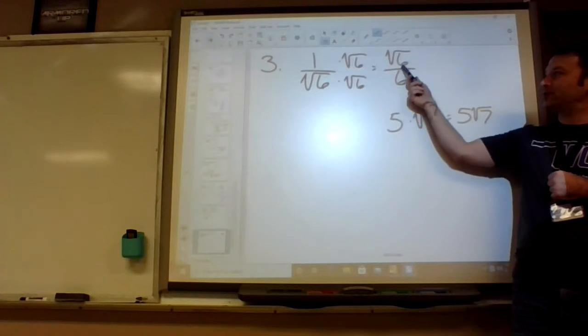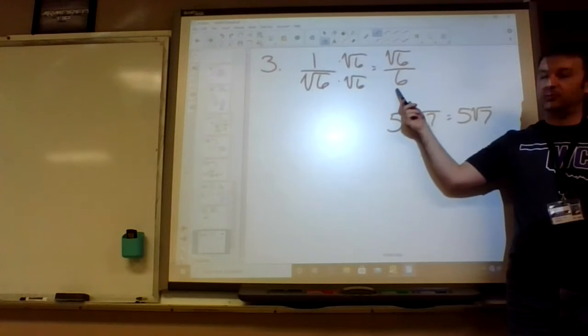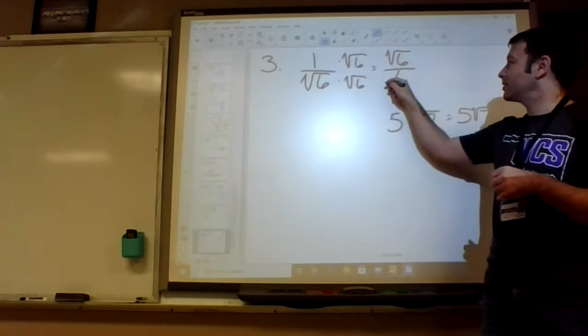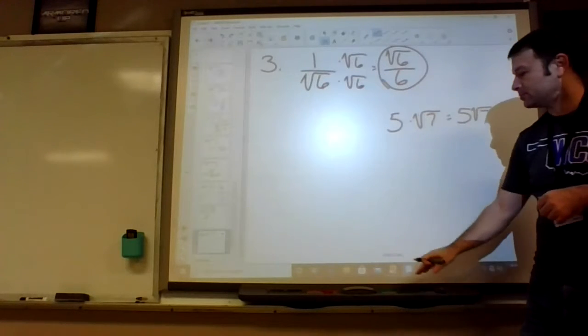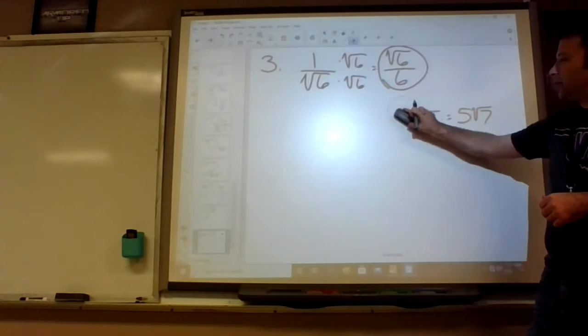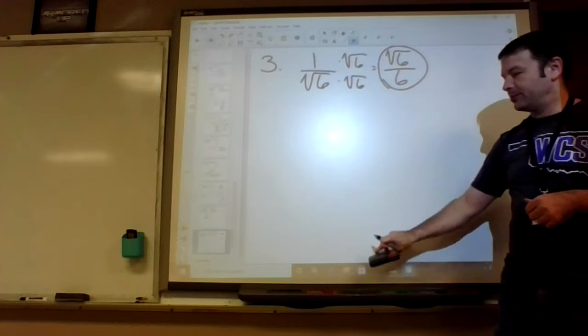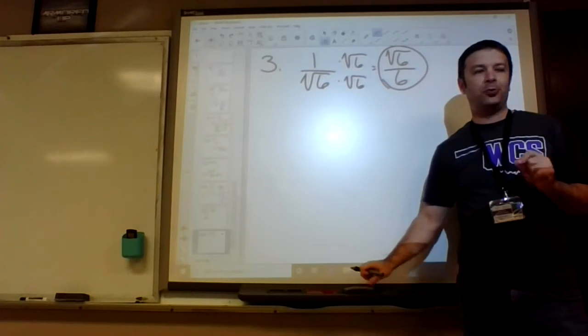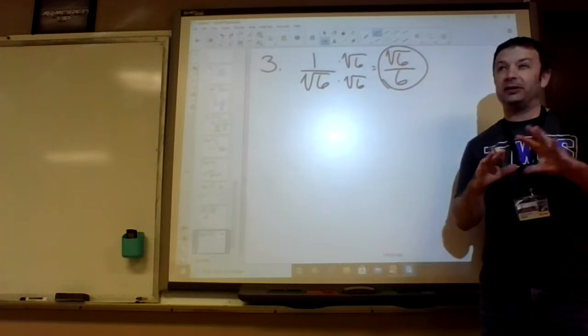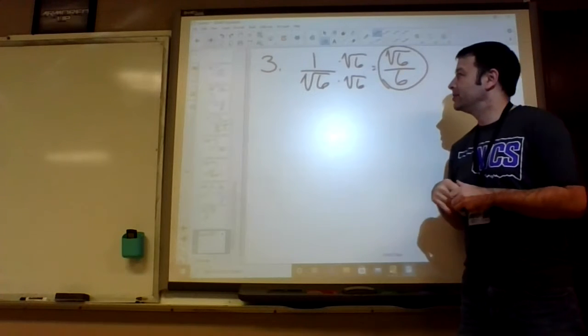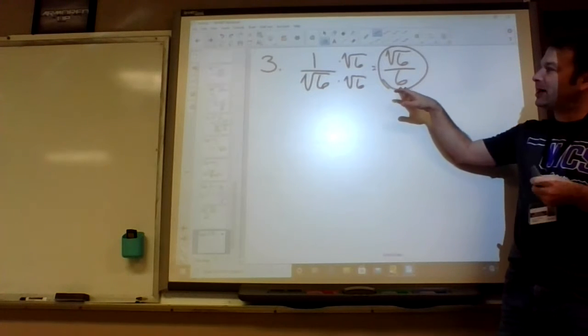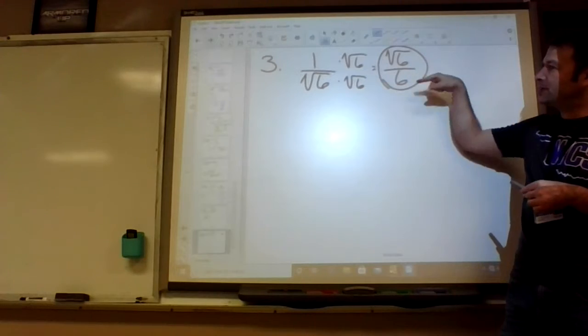That doesn't reduce. So this is our final answer on number 3. All these answers, if you plug them in the calculator, you could turn them into weird infinite decimal answers. But the simplified version, we're just going to leave the square roots.